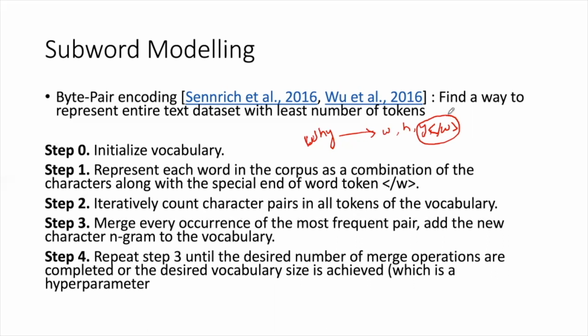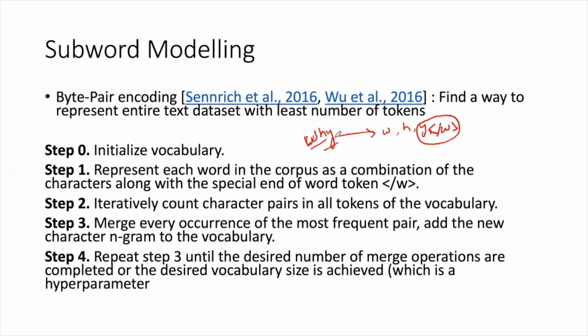Once we do this, we count the number of character pairs that have come in. So let's say here w, h, y is one word, and there are different pairs here. So wh can be treated as one pair and hy can be treated as another pair.